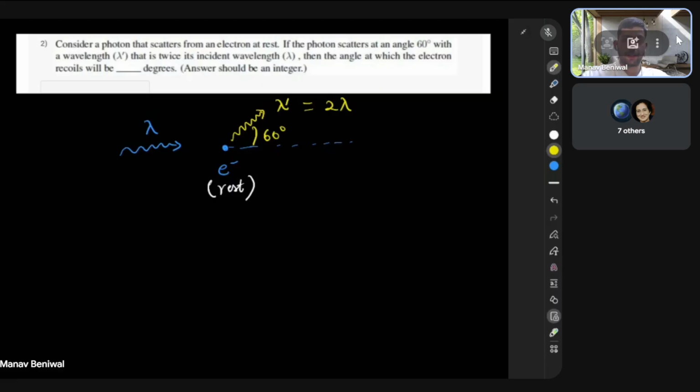and then the electron will recoil at some angle, and we have to tell what is the angle at which the electron recoils.